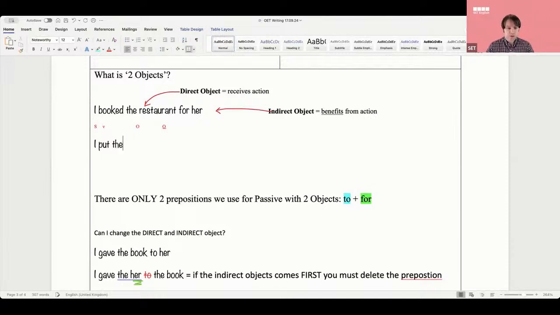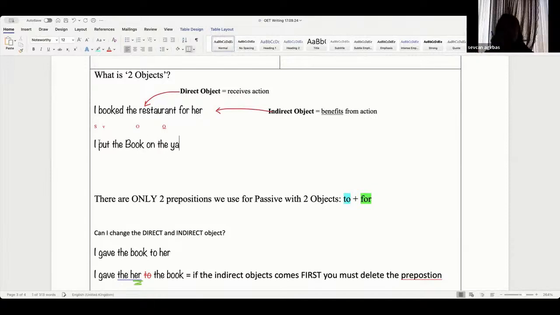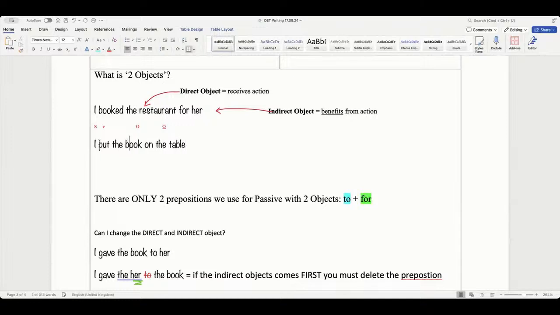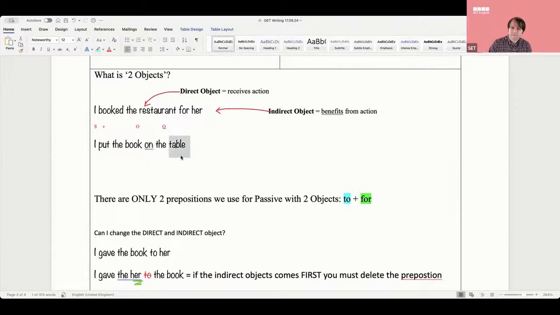I put the book on the table. What's the preposition here? On. So is that a second object? No. Does that make sense? Can I say I put table book?